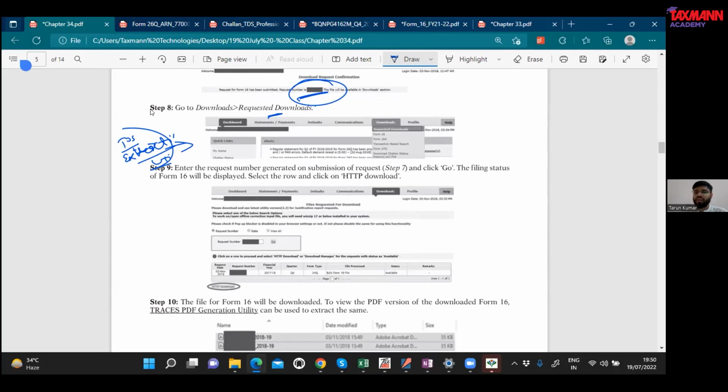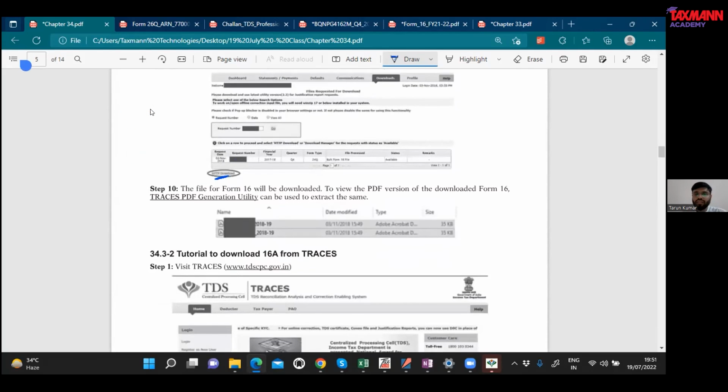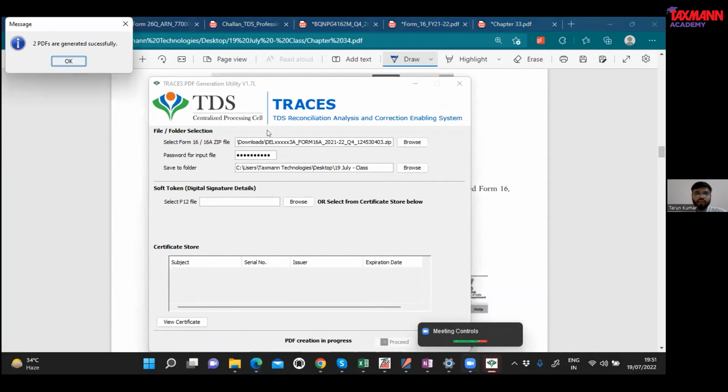I then only need to directly download those TDS certificates. You need to click on this and then HTTP download. Then these certificates will be downloaded and extracted through that utility. This is that utility, the TRACES PDF generation utility, through which you can do it.